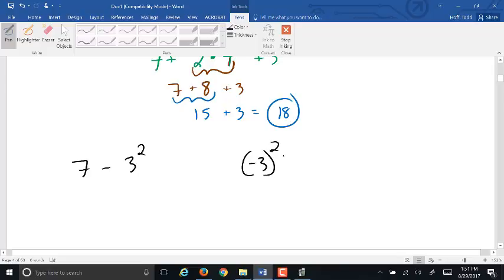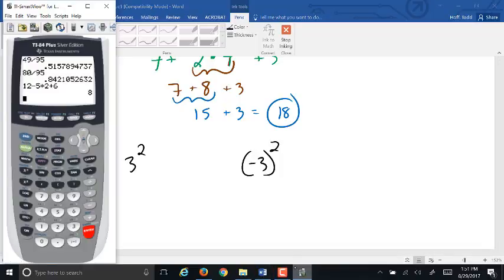On most of your calculators, and we'll talk more about negatives in a couple of classes, if I just do negative 3 and I square it, it's going to try to tell me negative 9, and that's not correct. You have to put it in parentheses, negative 3 and then squared is a positive 9.